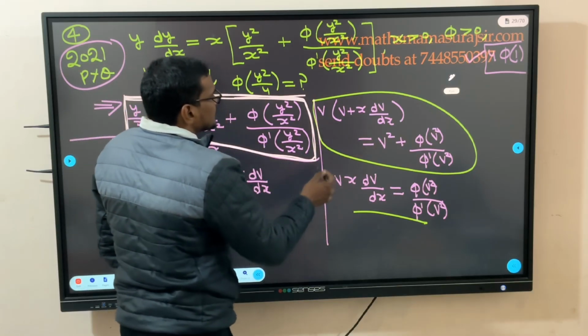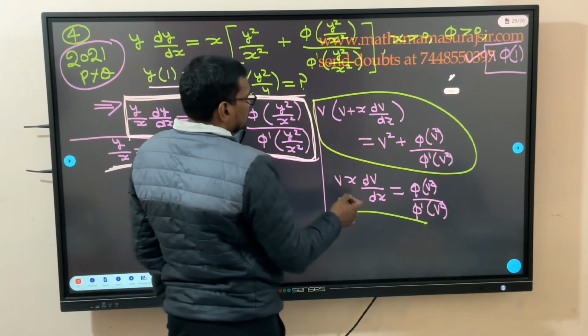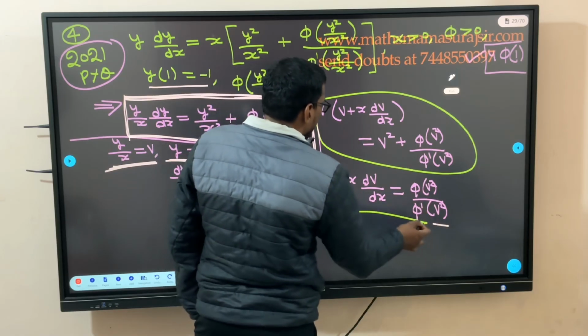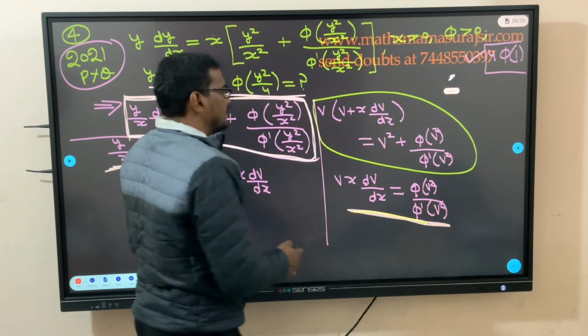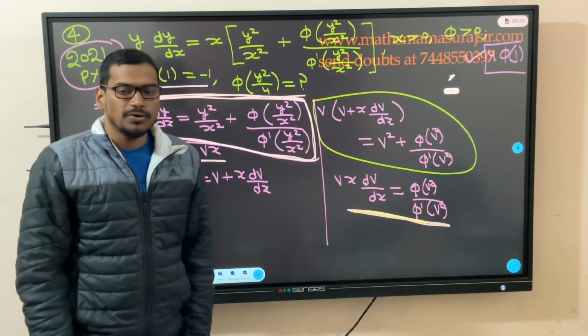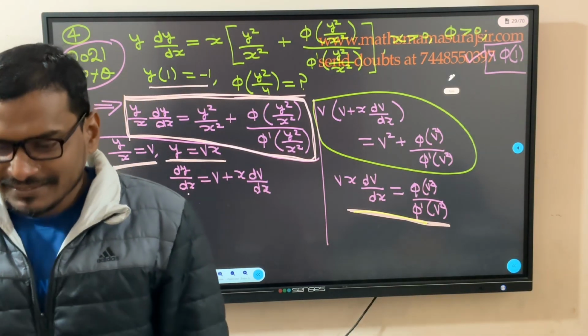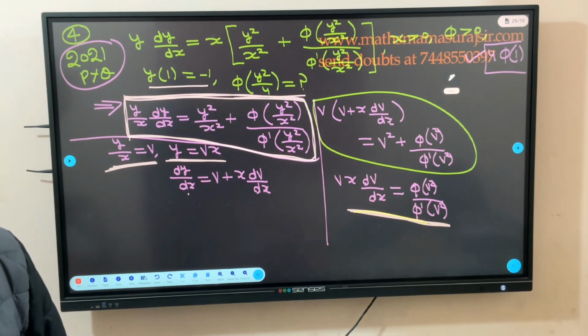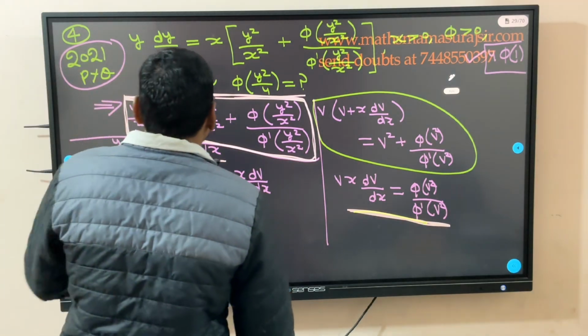So finally this v multiplied v square. So vx dv by dx is equal to all this. Everybody is clear till here? Yes, all are clear. Great.